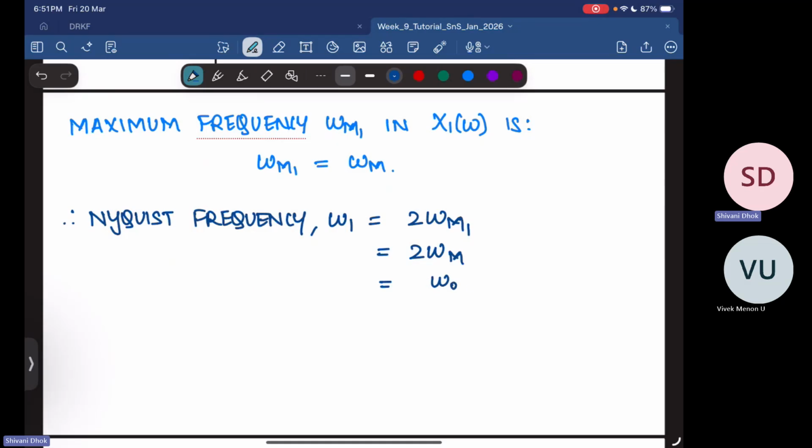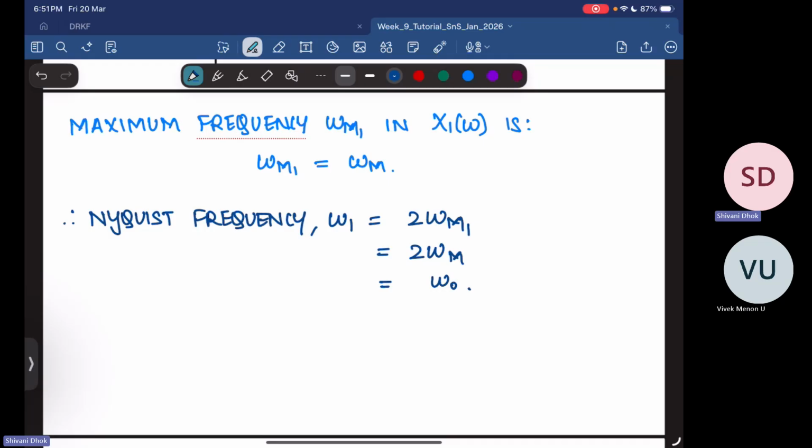So if you shift the signal in the time domain, that is not going to change the maximum frequency in your signal. Even if you shift your signal in the time domain, the same sampling frequency will work out for you.